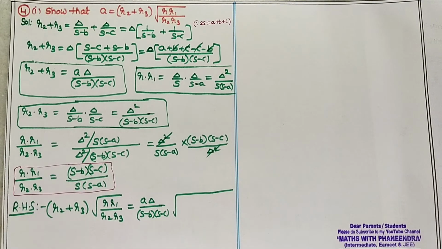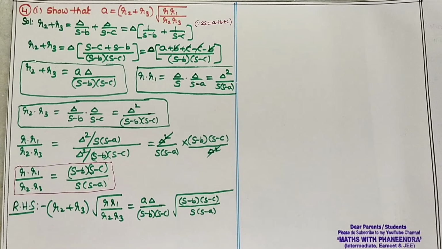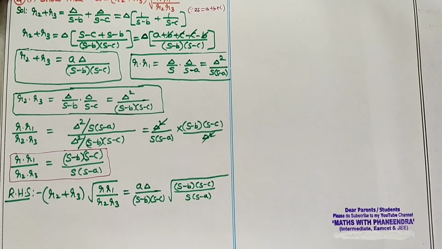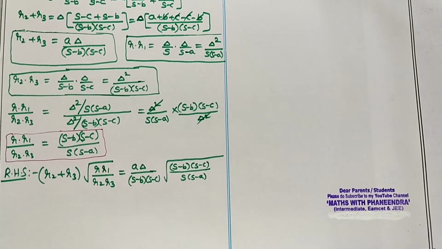This value you have to replace here. S minus B into S minus C divided by S into S minus A. After reaching this step, what do we have to do? Here is a very important and simple step.